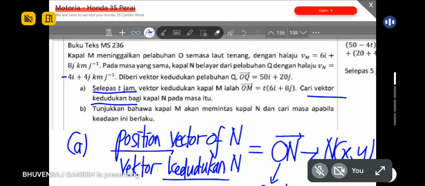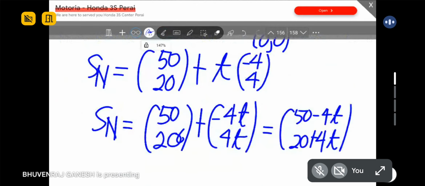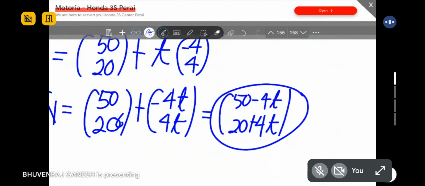So guys, if the question asks you position vector, can I leave my answer like this? Yes or no? What do y'all think? Correct or wrong? Betul atau salah? Question asks vector.